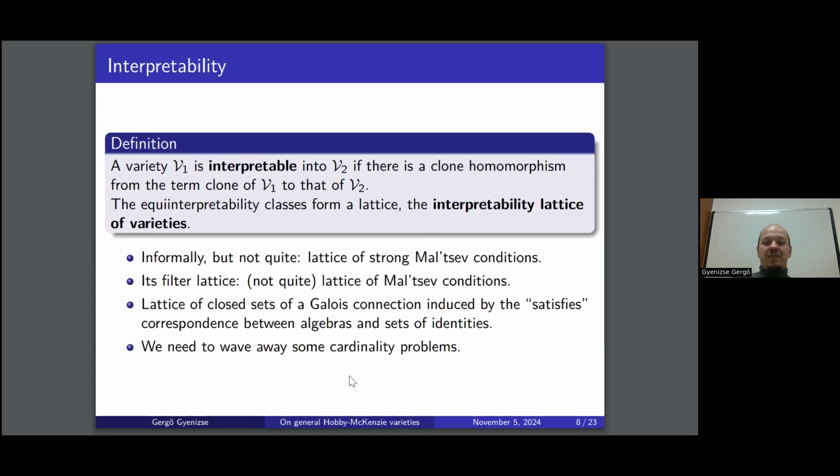And we just mentioned that there are some cardinality problems. There are more varieties, so all the varieties don't form a set.